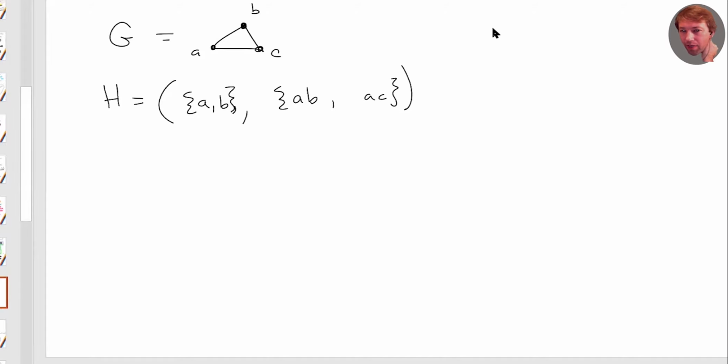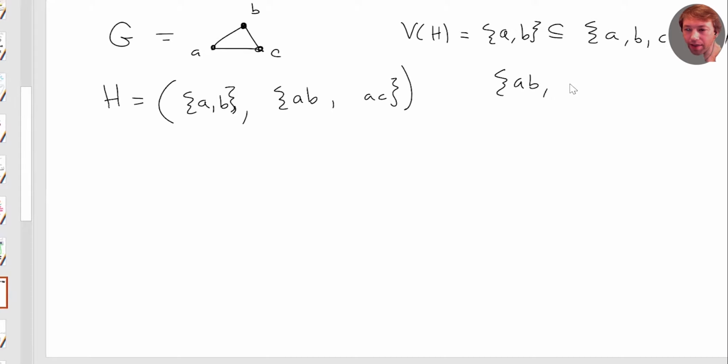It seems like it almost satisfies the definition, because the vertex set of H is contained in V of G, and the edge set of H is contained in the edge set of G.